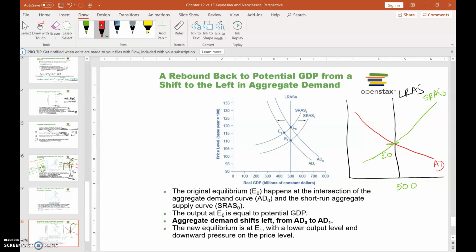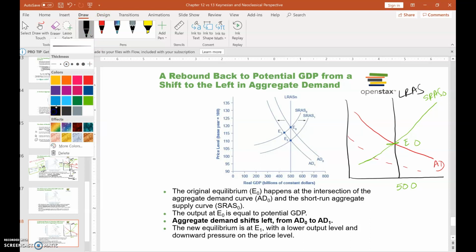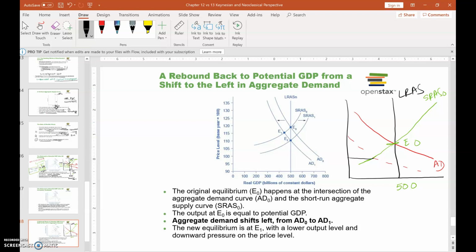Now something happened that shifted the aggregate demand curve to the left. By something we mean any of the components of aggregate demand went down, and this caused the aggregate demand curve to shift to the left. We have another point of equilibrium here, which is E1, and the output at point E1 is less than the potential gross domestic product.